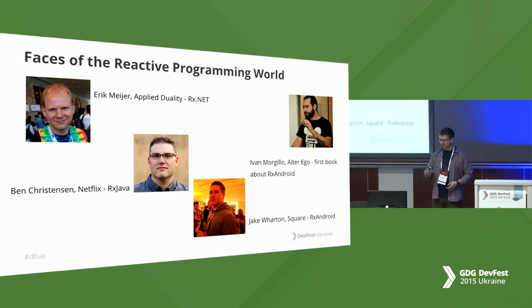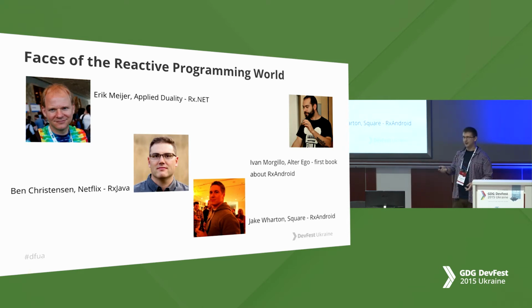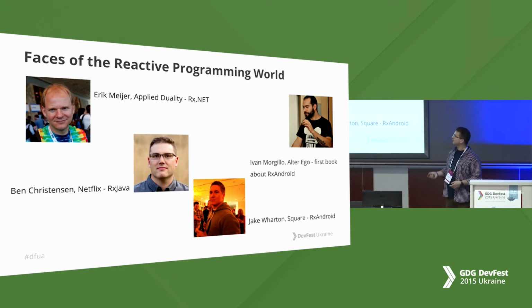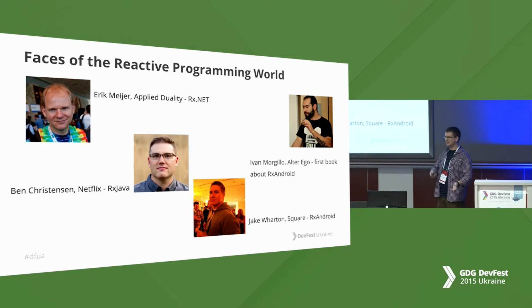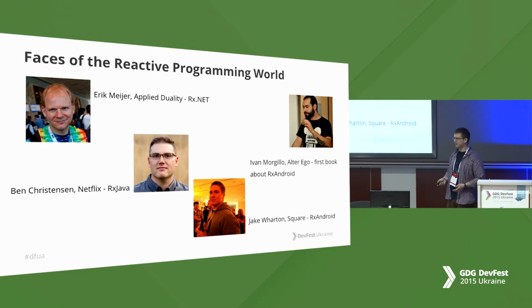You can see Ivan Margila, who wrote a book. One of the first founders of RxJava was Eric Meyer. He participated in the great course of functional reactive programming on Coursera with the founder of Scala, Martin Odersky. It's a great course, but it's not useful for Android developers, I think.